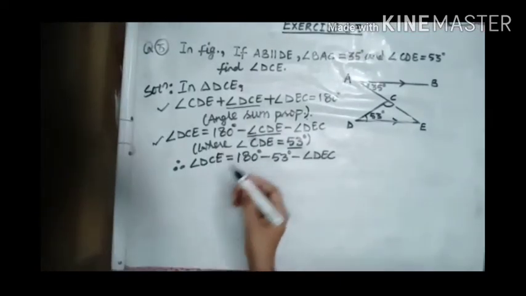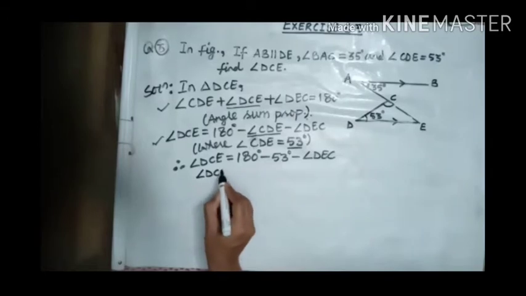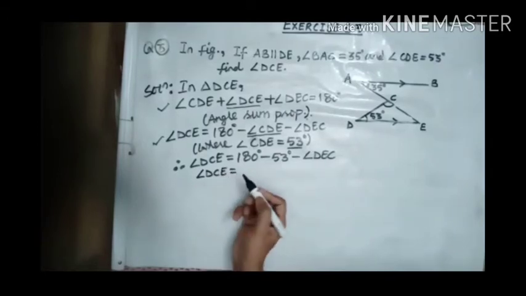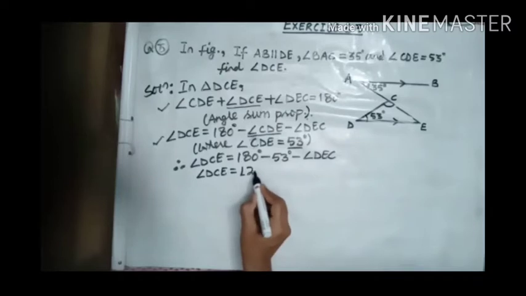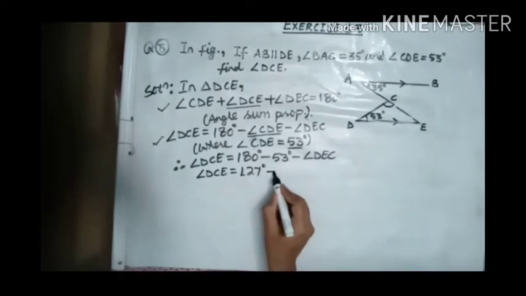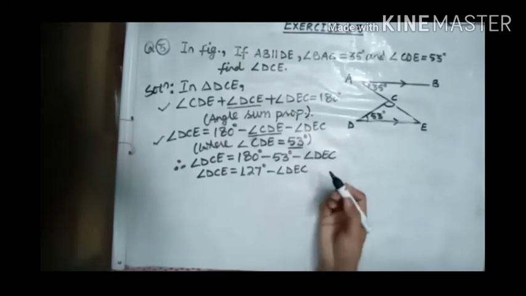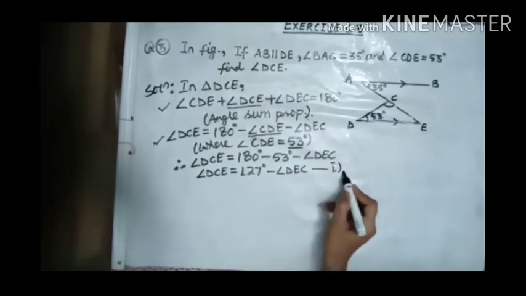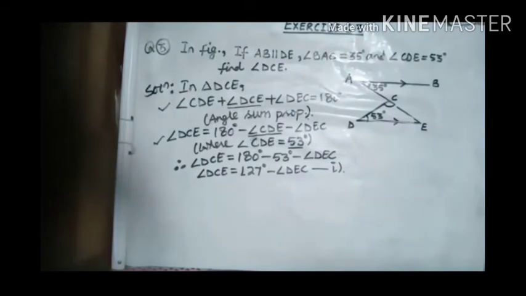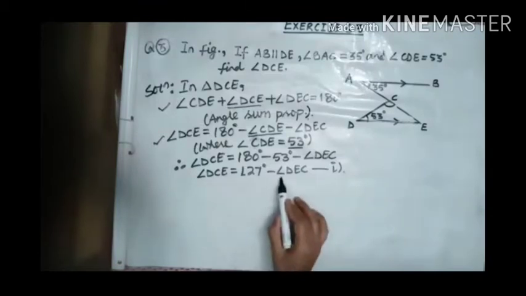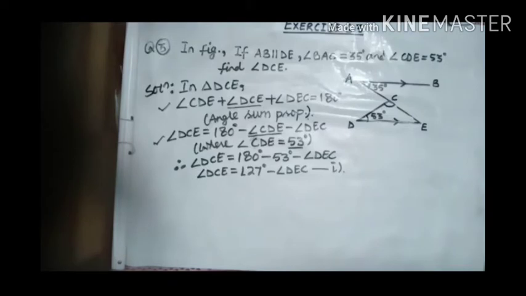Hence, angle DCE equals 127 minus angle DEC. Let this be equation first. From this equation, you may observe clearly that the value of angle DCE can be calculated if the value of angle DEC is known. So let's check how the value of angle DEC can be determined.